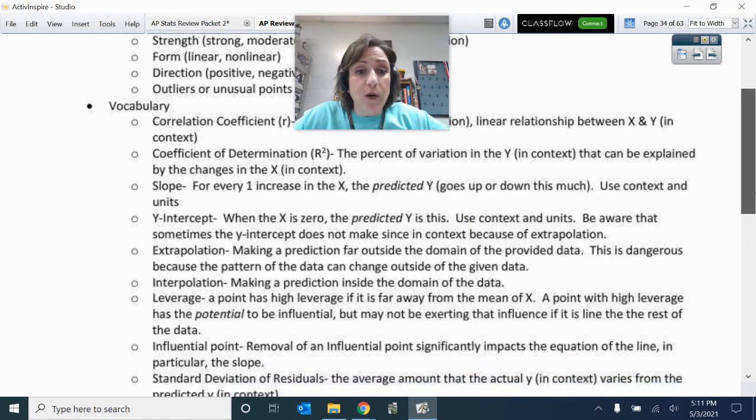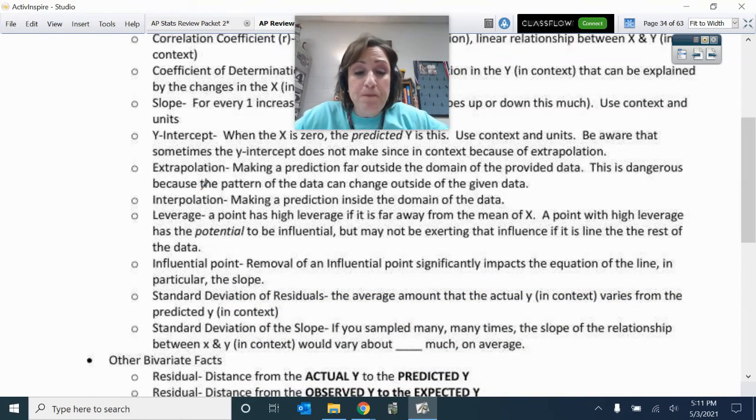We've talked about how with extrapolation, you are making a prediction far outside the domain of the data. So that function can change and not be linear outside that area. So that's why that's dangerous to extrapolate. Now, interpolation, that's okay. That's making a prediction based off of the area where the data created that association.